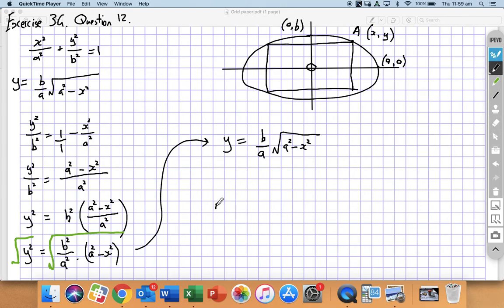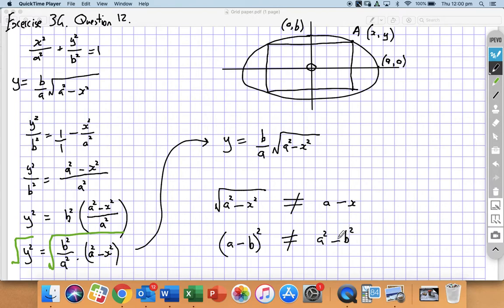But let's be very clear on this. The square root of a squared minus x squared is not equal to square root a minus x. You can't break that up. It's a little bit like, imagine I had this binomial expansion. This is not a squared minus b squared, is it?